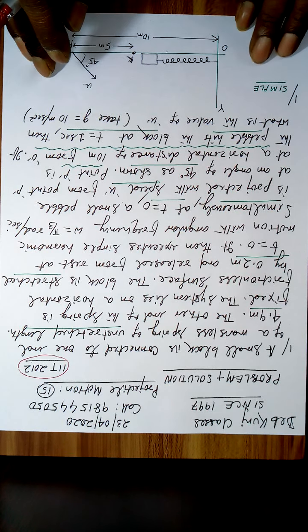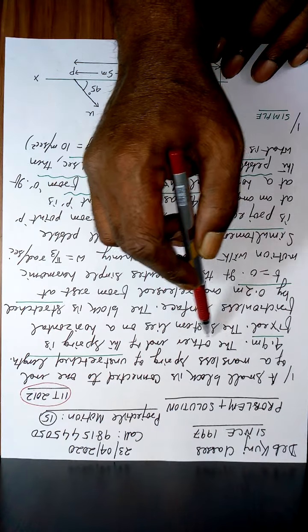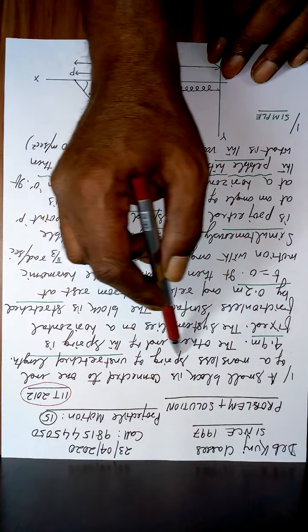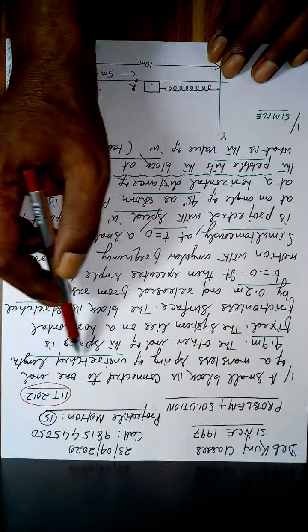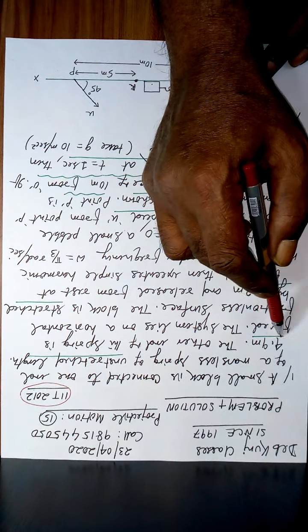A small block is connected to one end of a massless spring. This is a block. This is a spring. The block is connected to this end of the spring. The other end is fixed here. The spring has no mass. Massless spring of unstretched length 4.9 meter.